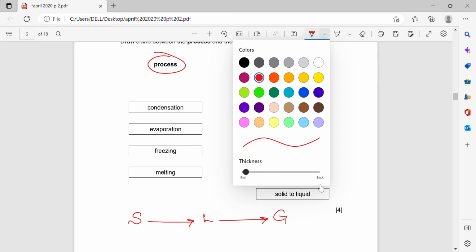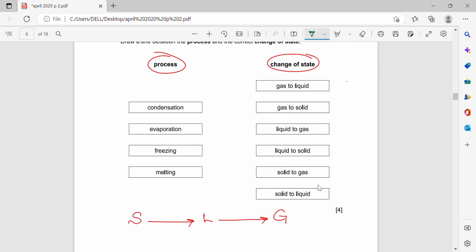From solid to liquid, if I have ice, for example, ice turns into water, then water turns into water vapor.